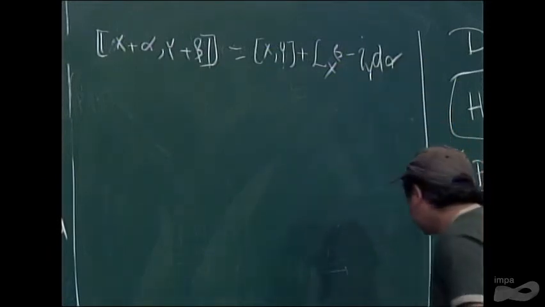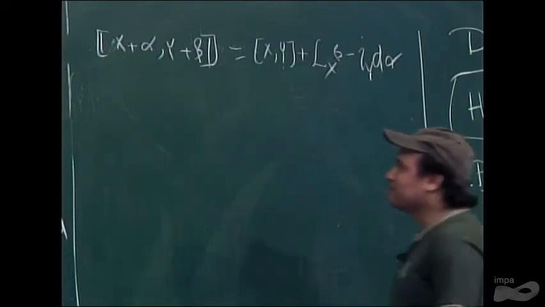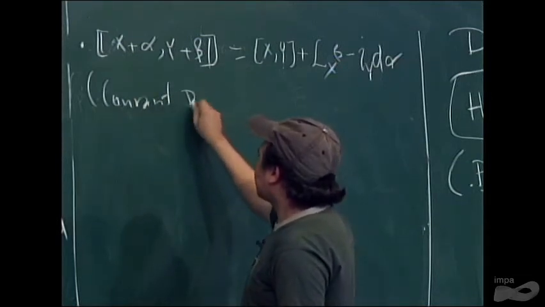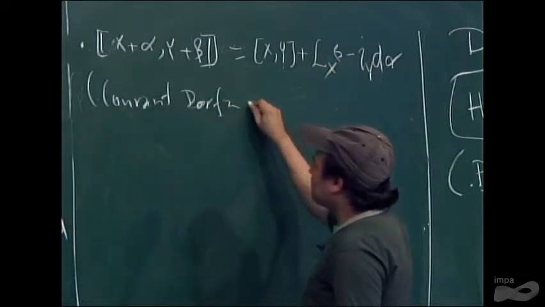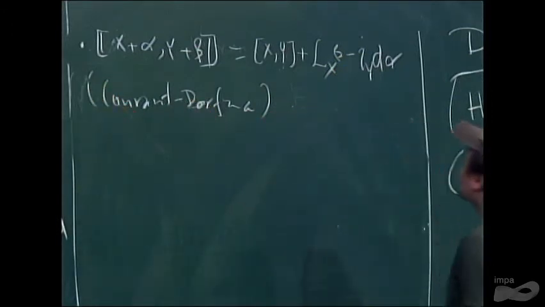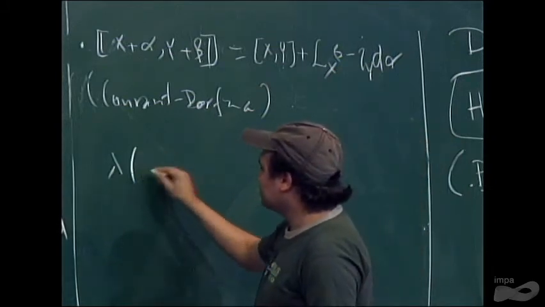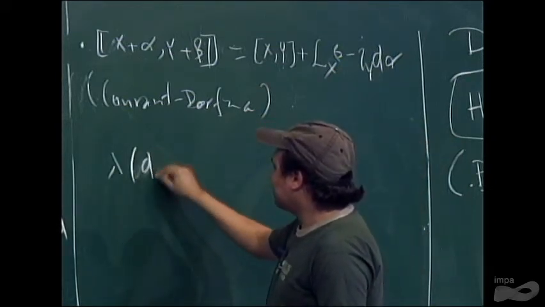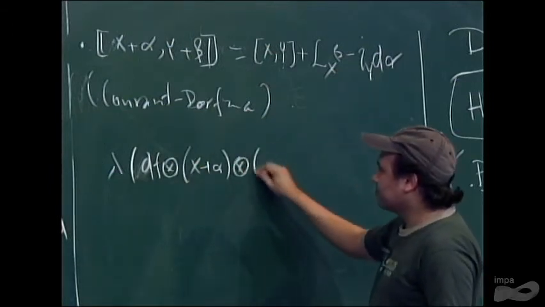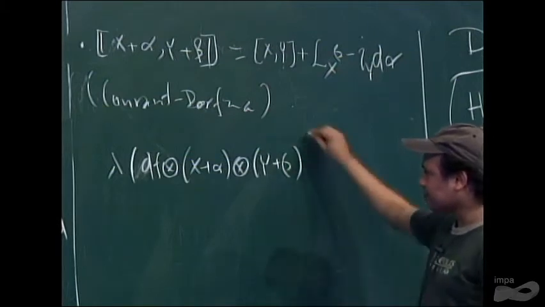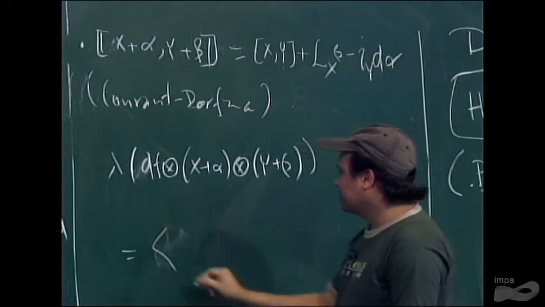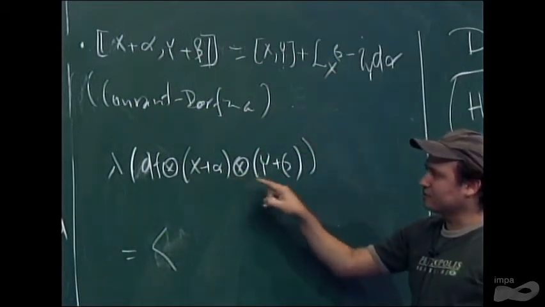And in this case, if you want to calculate lambda, then lambda of d of f times x plus alpha, y plus beta, is simply the natural inner product between these two here.